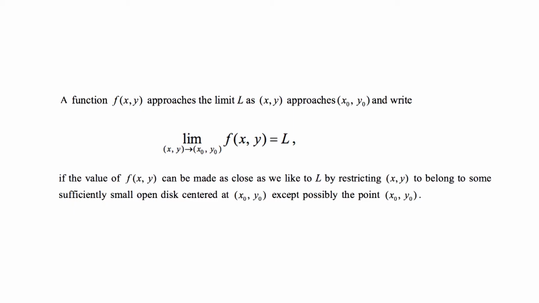We say that a function f(x, y) approaches the limit L as (x, y) approaches (x naught, y naught), and write the limit as (x, y) approaches (x naught, y naught) of f(x, y) is equal to L, if the value of f(x, y) can be made as close as we like to L by restricting (x, y) to belong to some sufficiently small open disk centered at (x naught, y naught), except possibly the point (x naught, y naught).